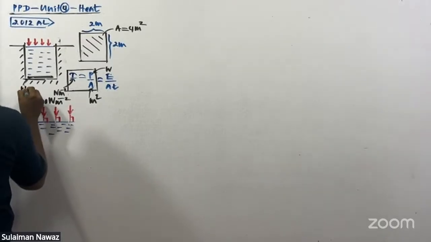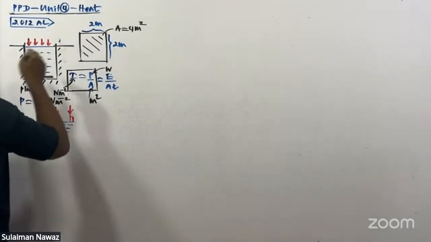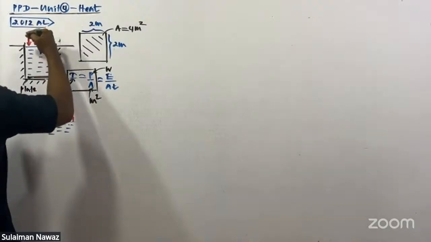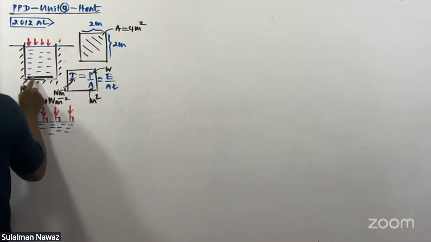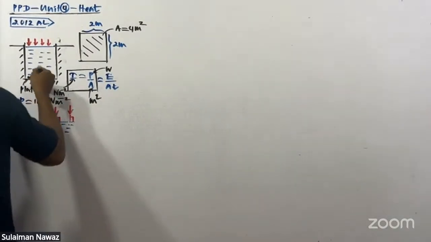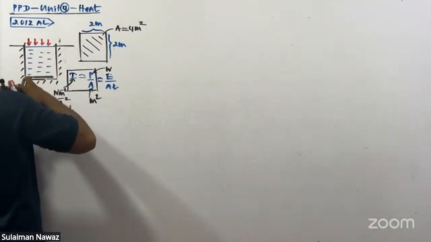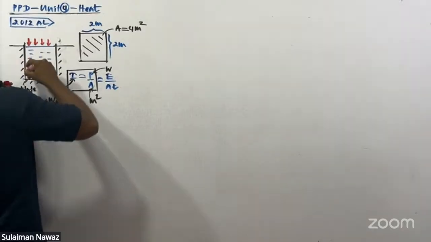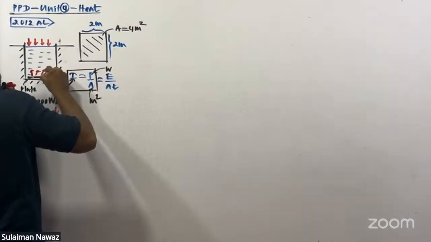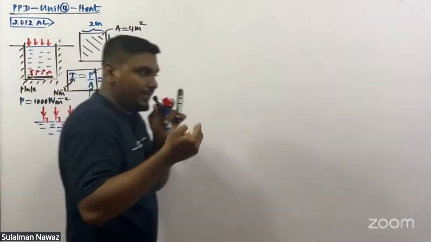So they are telling us to consider all the heat initially absorbed by the black color plate, and from that plate, heat propagates to the water by conduction. Actually, that is not how it really happens.